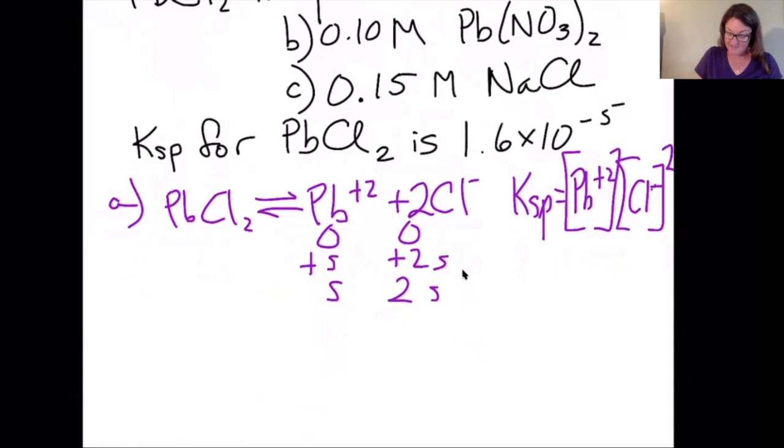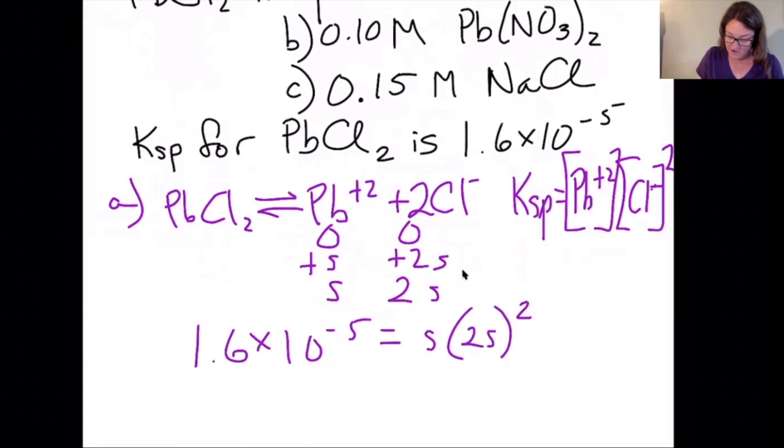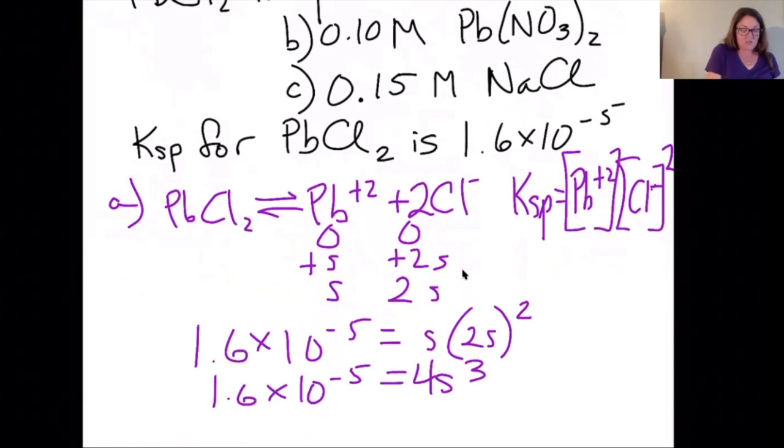Plugging into my Ksp expression now, we'll have the Ksp, which is 1.6 times 10 to the negative fifth, equals S times (2S) squared, or Ksp equals 4S cubed.